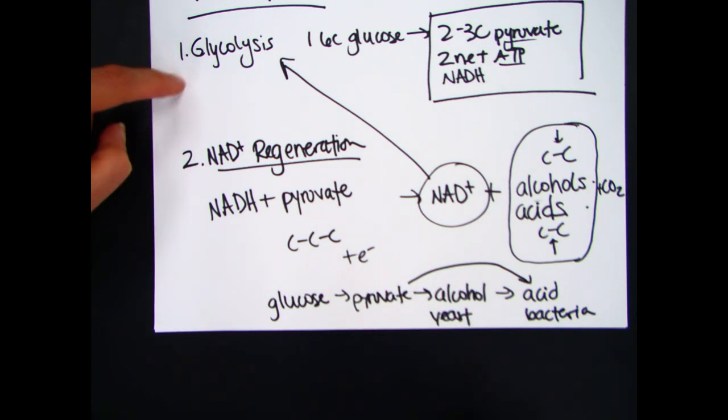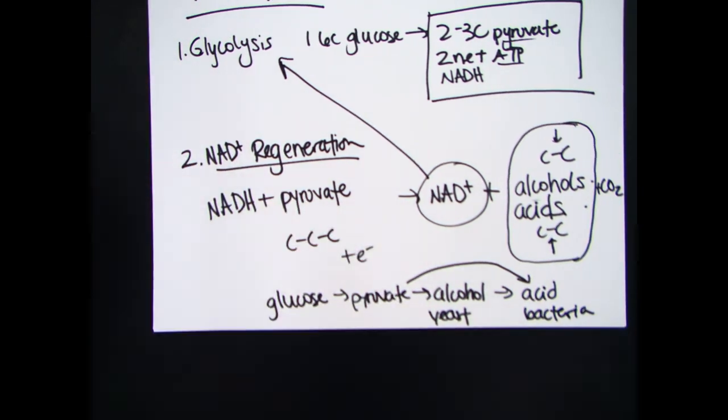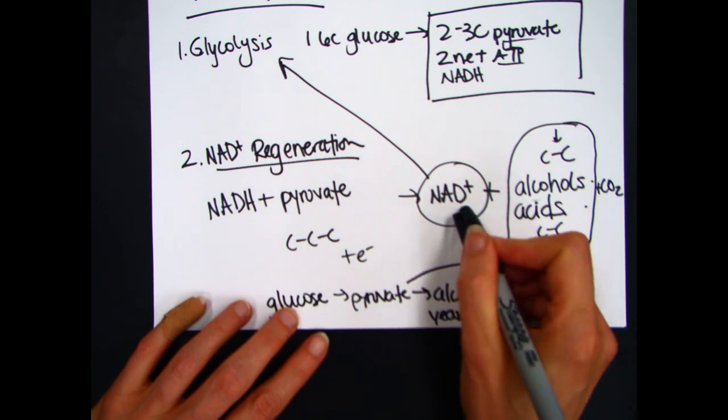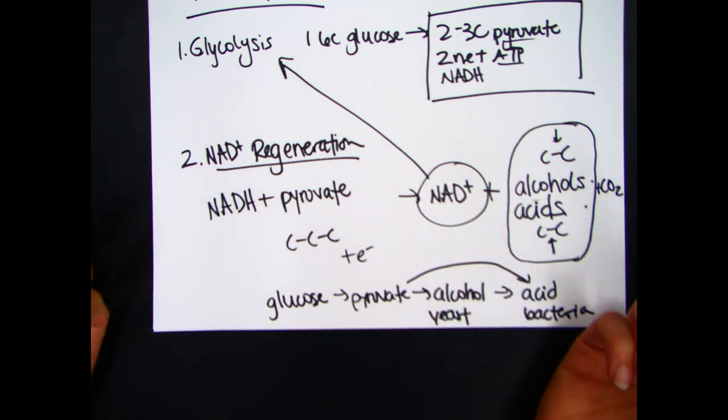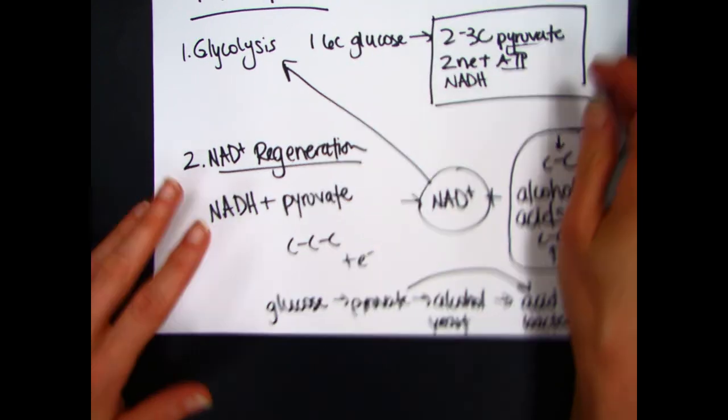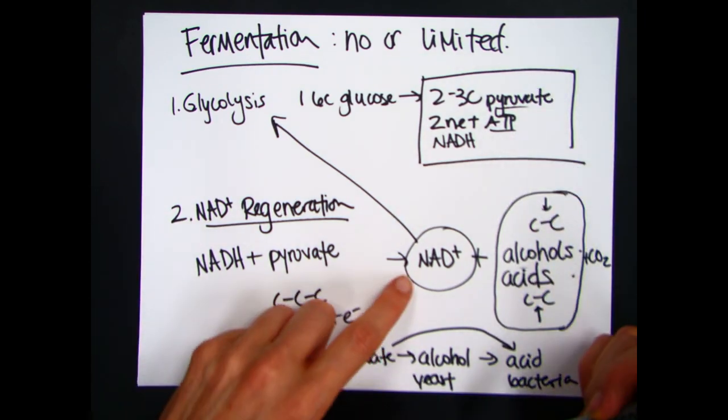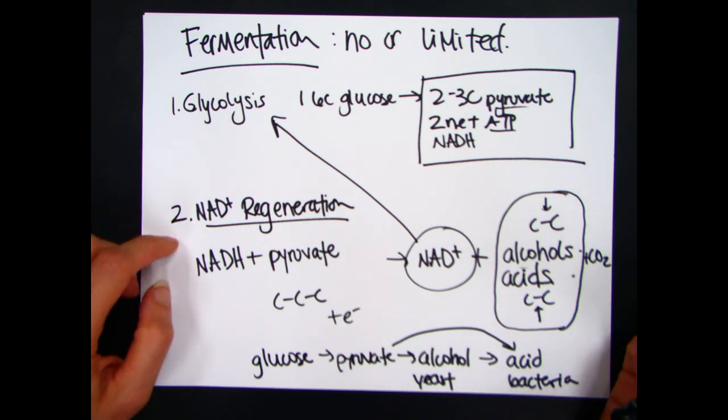But glycolysis is not running without the NAD+, and in the absence of sufficient oxygen, the NAD+ cannot be made without NAD+ regeneration.